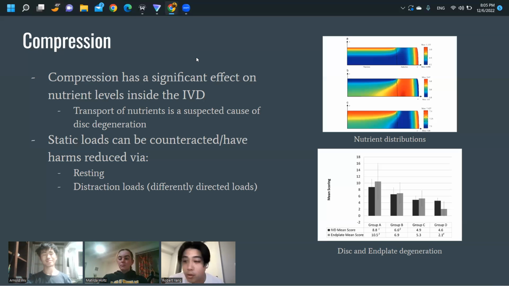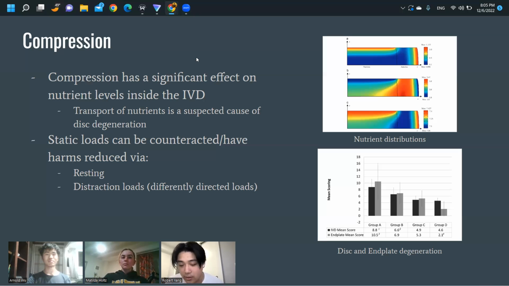To cap things off, there are also a bunch of in vivo models done in animals, but the general consensus is that static loads really do harm the intervertebral disc. What you can see here on the bottom figure is an example of the histological analysis of multiple samples. A higher graph means that it has been more degenerated.